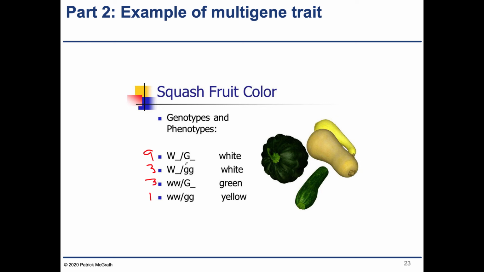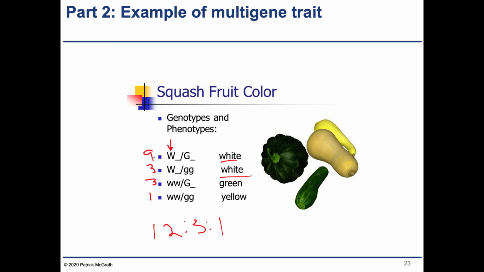In this example, we also see a masking effect. If you have one of the dominant W alleles, it does not matter what your G allele is. You are always white. And so the resulting ratio that you see in an intercross is 12:3:1 because these two categories are grouped together. So epistasis can manifest in a number of different ways.